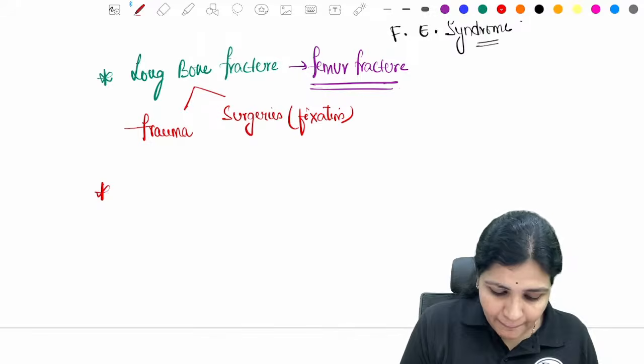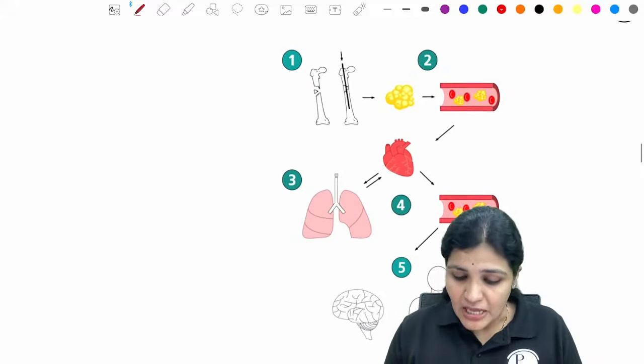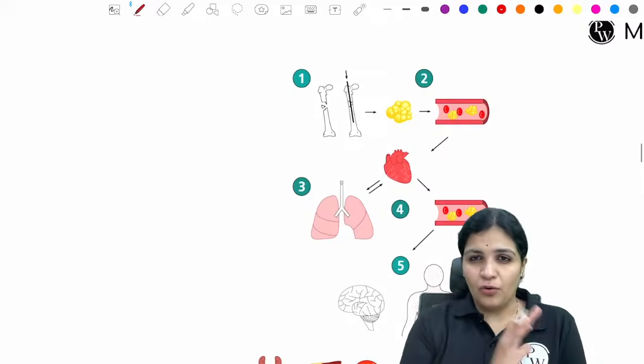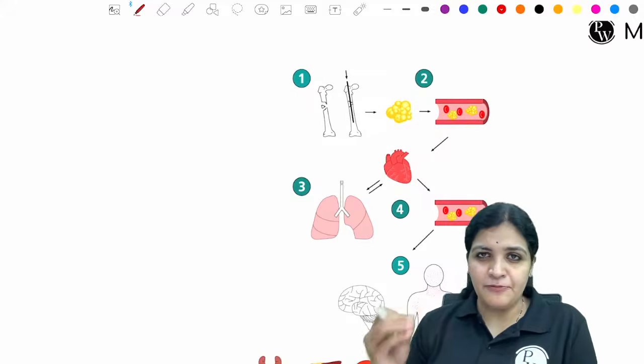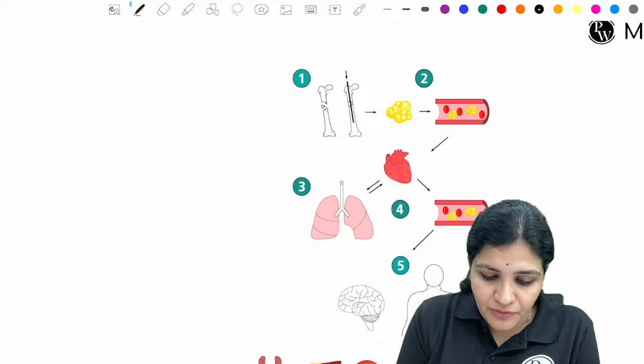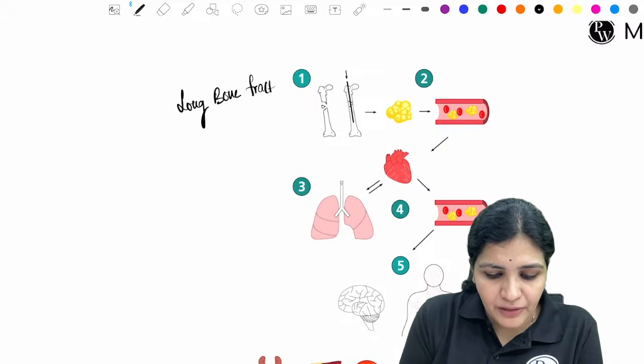And then what happens if there is a fat embolism? Why are we concerned about it? This is the particular diagram I want you all to draw in the exam, so that you don't have to write anything. Just this diagram explains everything in detail. The first one is what I told you, the long bone fracture, especially femur fractures.